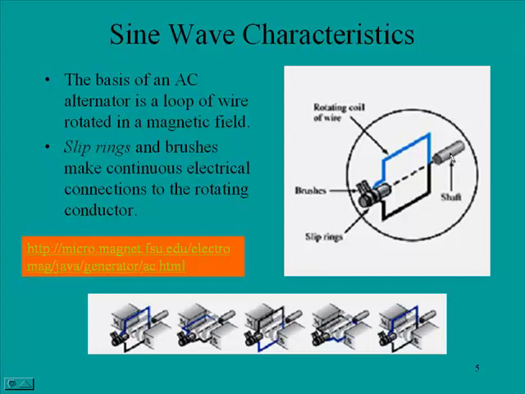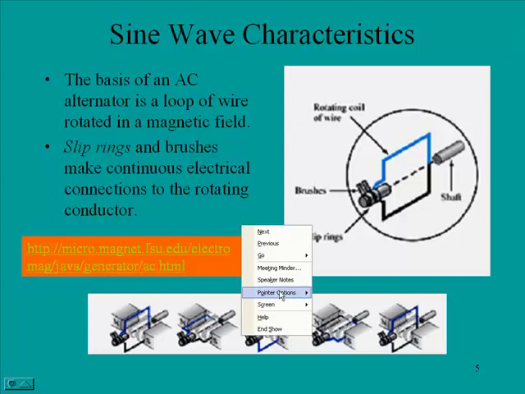It is connected through a shaft, and there are slip rings and brushes that will be the contact point for taking the voltage off of this coil. You'll see here the relative movement of that coil. You see the north and south pole magnets, and you see this coil of wire that is being turned, and in the process of turning, we are generating an AC signal.